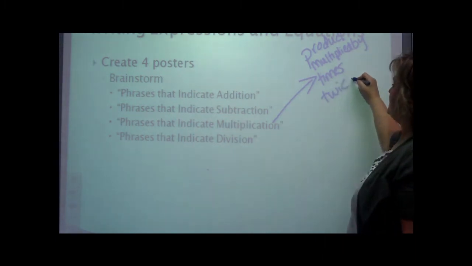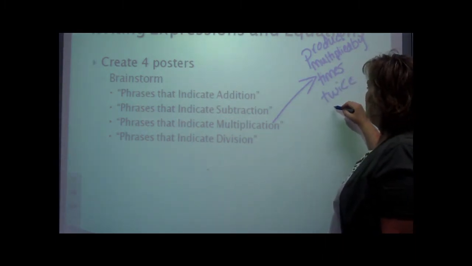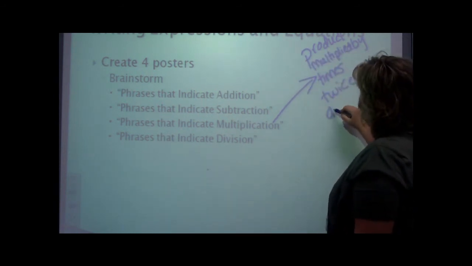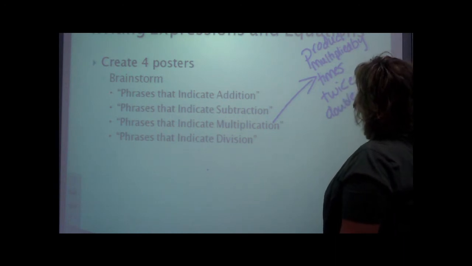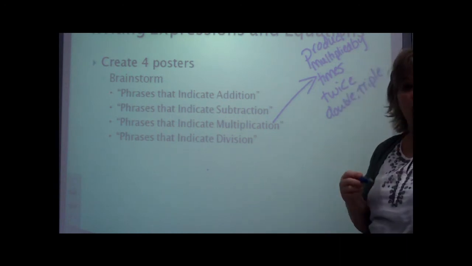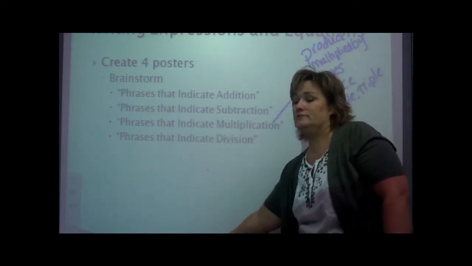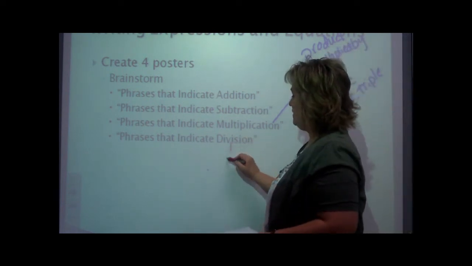Sometimes you hear the word twice, or double or triple. Those words can be included on this list, because that means multiply by 2. Double and triple. Okay, quadruple means to multiply by what? If you get it, quad means 4. Multiply by 4.